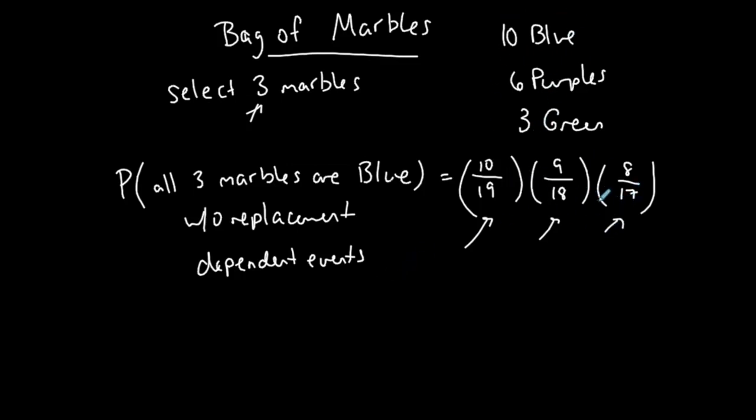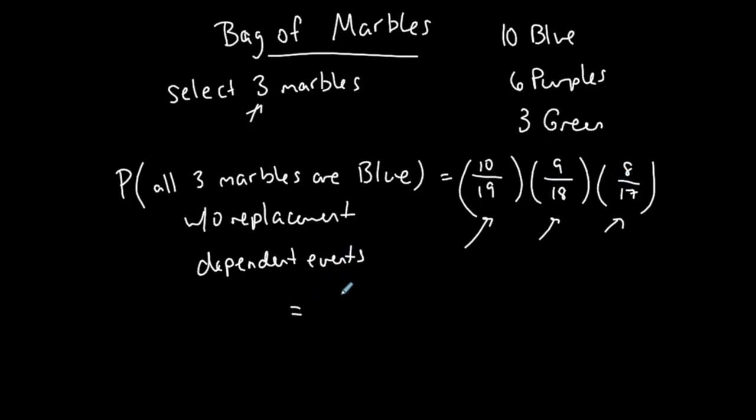So the product of all 3 of these is the total probability of me going to this bag and picking 3 marbles, 1 at a time. They're all blue, but I'm not replacing them with each event. And we can't use the same trick that we did in the last example where I raised it to the third power because each of these are different.